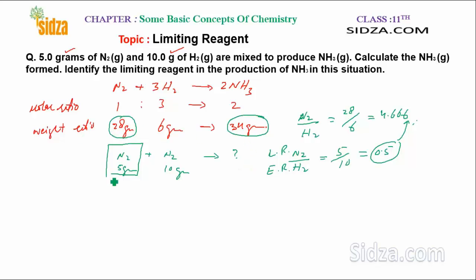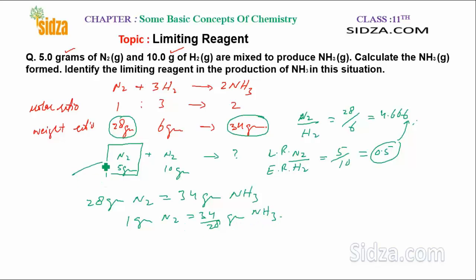From the balanced equation, we get 28 grams of nitrogen produces 34 grams of ammonia, right? I'll check for 1 gram how much I get. From 1 gram of nitrogen we get 34 by 28 grams of ammonia. And my limiting reagent here is nitrogen, which is equal to 5 grams.